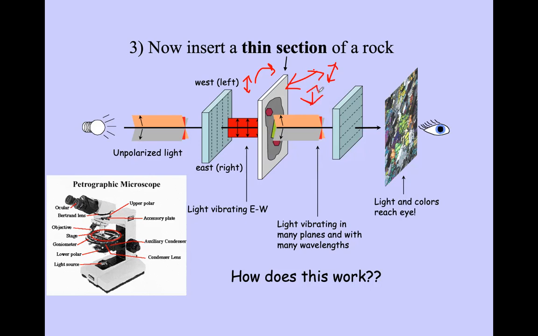So again, you will have a form of light which has several vibration directions, based on the mineral combinations you have inside this sample, right? It's more or less similar to the original unpolarized situation, but actually this is not really unpolarized.